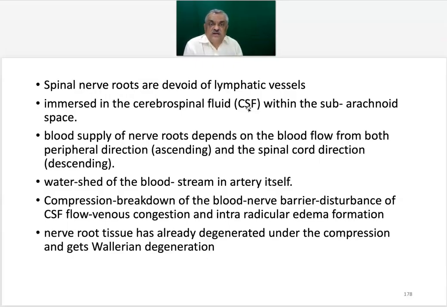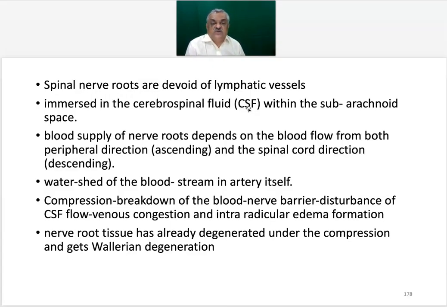Spinal nerve roots are devoid of lymphatic vessels, immersed in cerebrospinal fluid within the subarachnoid space. Blood supply of the root depends on the blood flow from the peripheral direction and the spinal cord direction. We have seen these ascending and descending arteries next to the nerve roots. There is a watershed of blood stream in the artery itself.